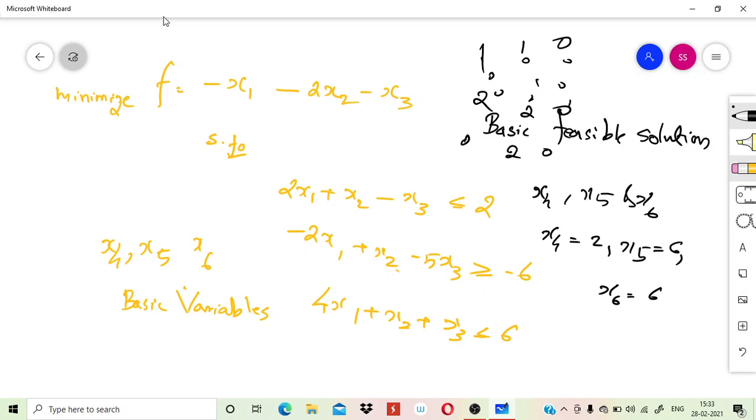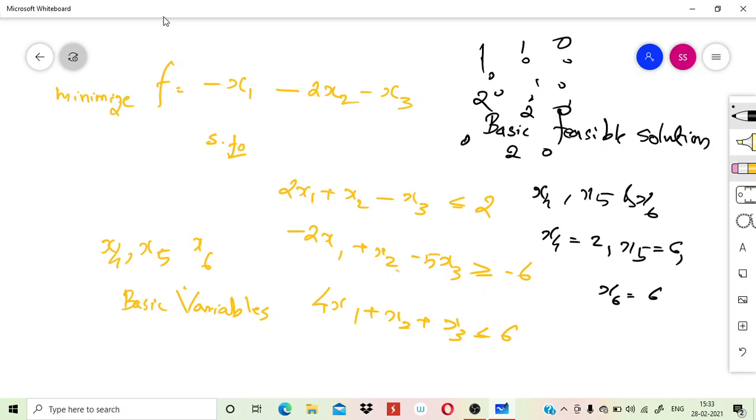That means you have to go for this two-phase simplex method whenever an initial feasible canonical form may not be readily available. That means this is the case when the LPP does not have slack variables for some of the equations, or when some or all of the slack variables have negative coefficients.